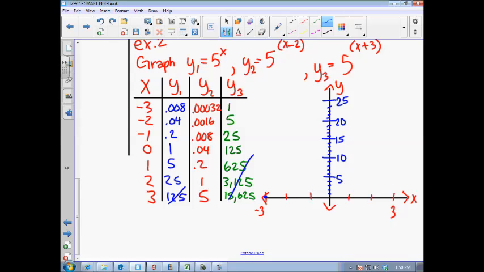0.008 is microscopically close to the x-axis. 0.04 again, microscopically close to the x-axis. 0.2, you're sitting right on the x-axis. Finally, one that moves away, 1, 5 to 25.